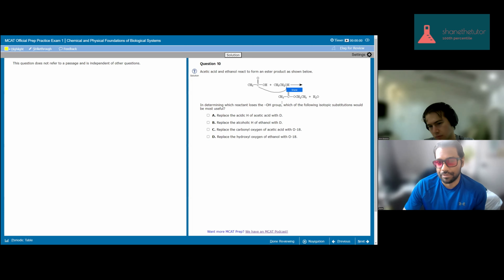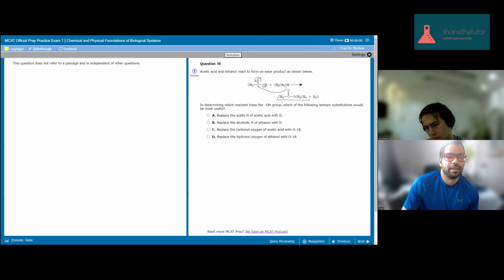If this attacks, this goes up, makes that intermediate, eventually this goes back down, and then this leaves as a leaving group. So then we get this.